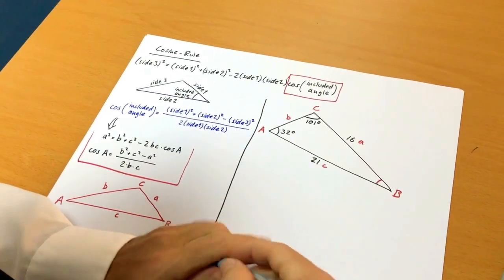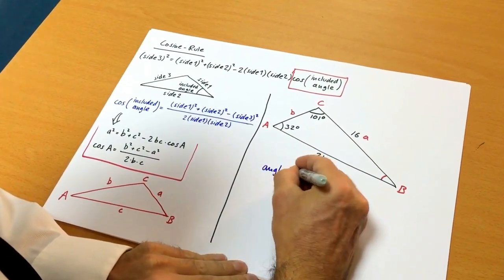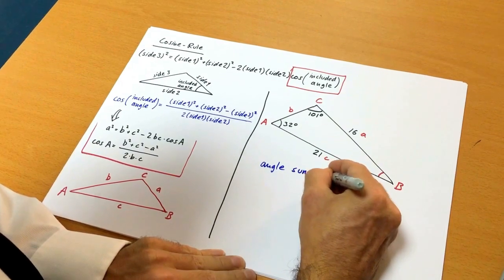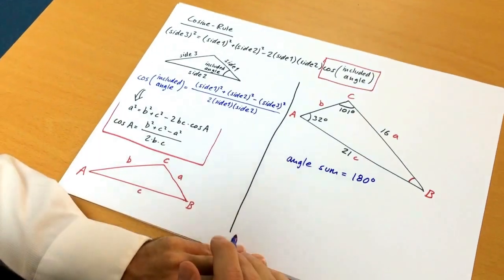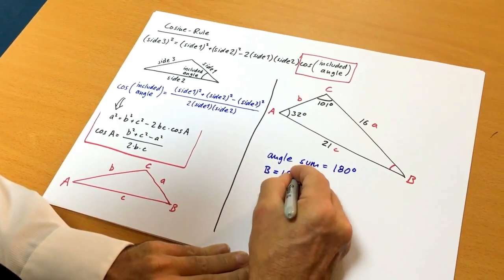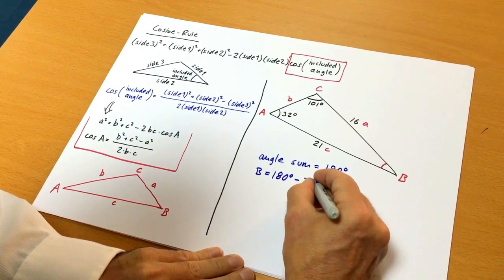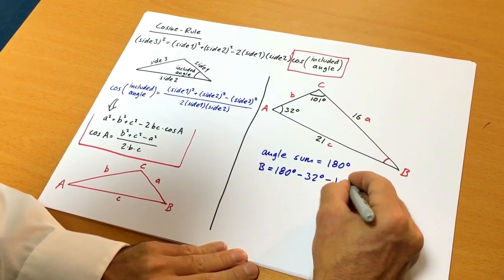First of all, because in all triangles we have the fabulous property that the angle sum of a triangle is 180 degrees, my B is just 180 degrees minus 32 degrees minus 101 degrees.